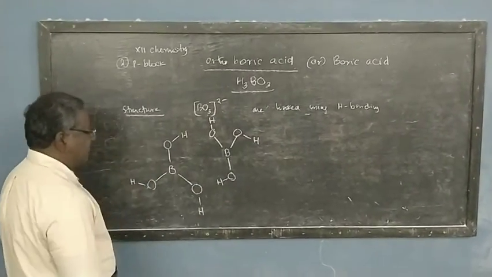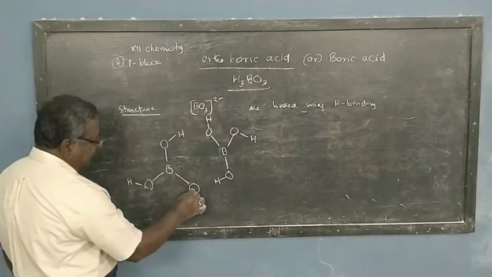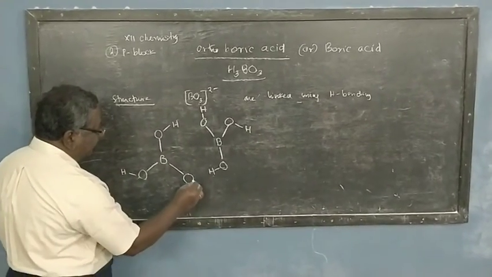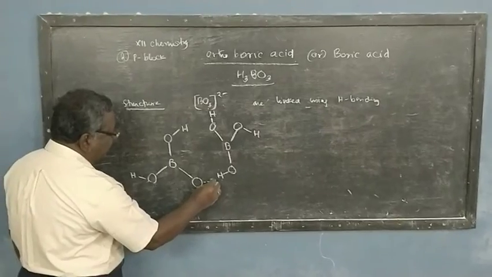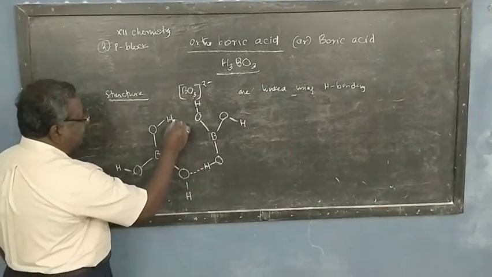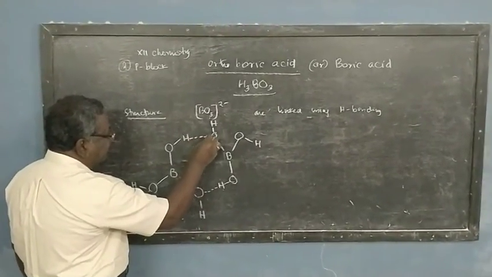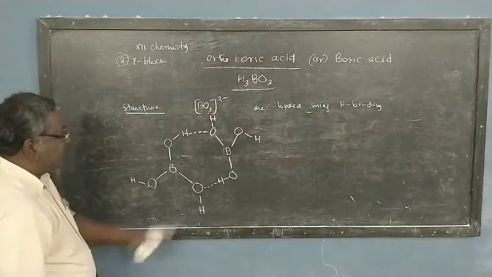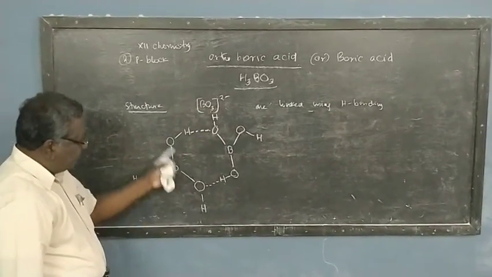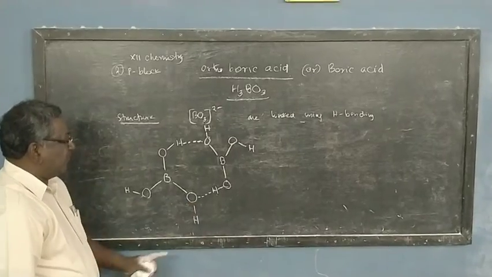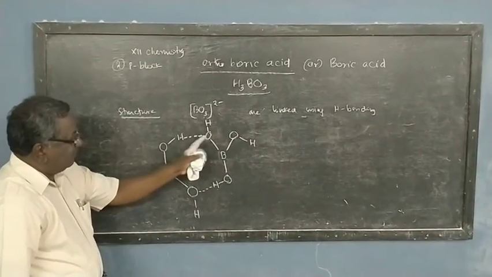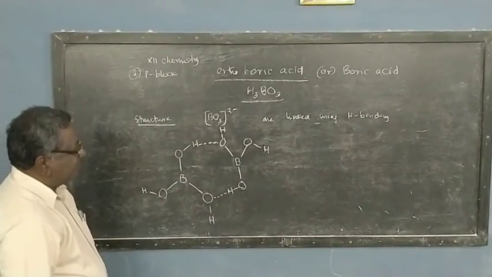Like this. Now what happens? This is highly electronegative. This is highly electropositive. Between these two, hydrogen bonding is formed. Between these two, hydrogen bonding is formed. Right? So 1 oxygen in each boric acid will be involved in hydrogen bonding. 1 hydrogen will be involved with the next boric acid.